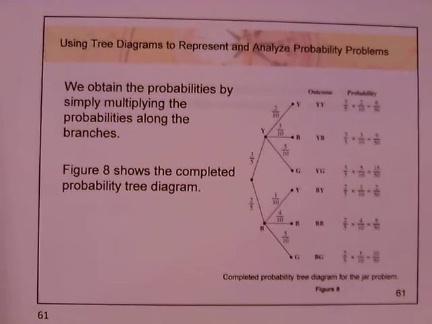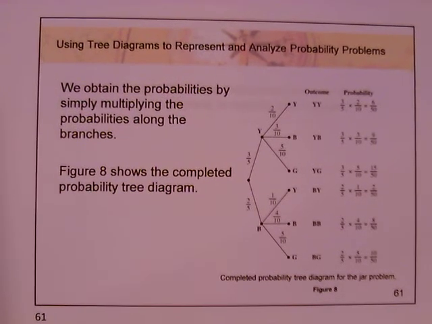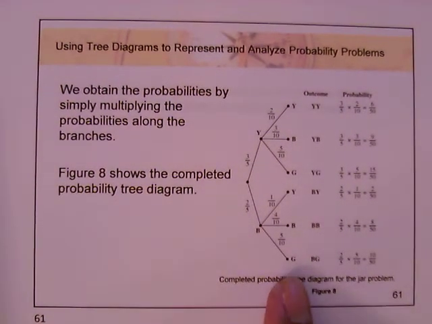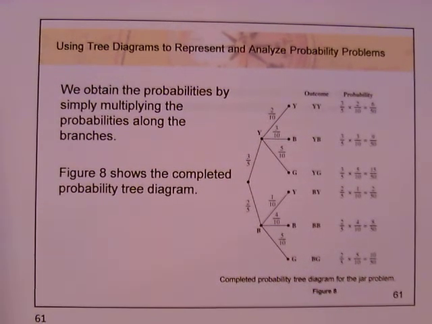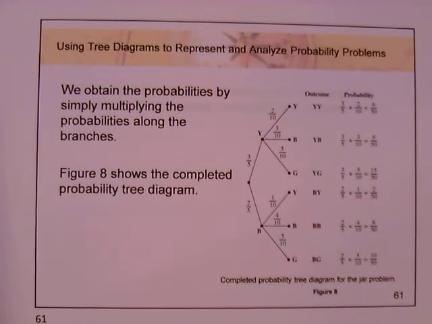So here we obtain the probabilities by simply multiplying the probabilities along the branches. As you can see, the full tree diagram, each individual outcome, and each individual probability from that tree diagram.